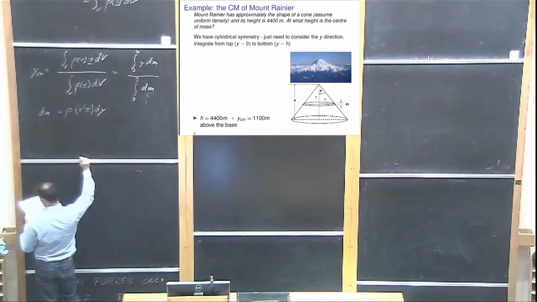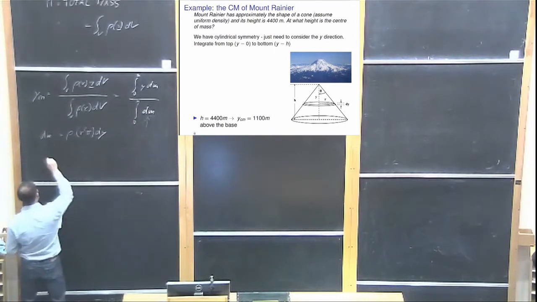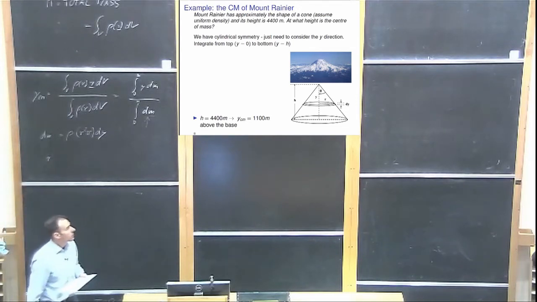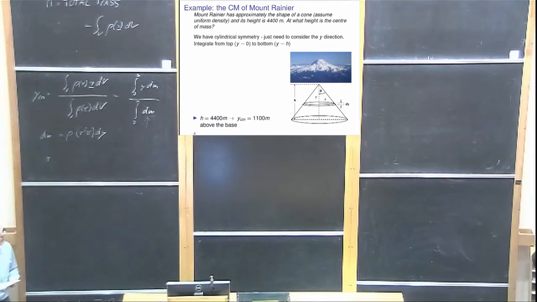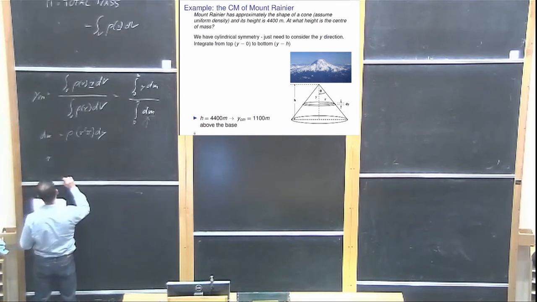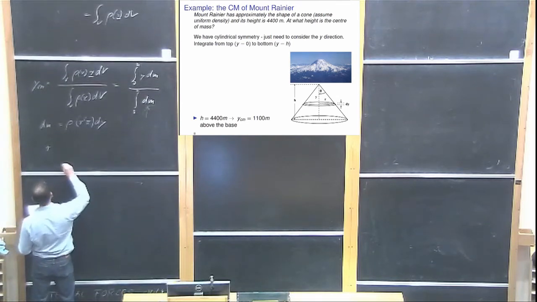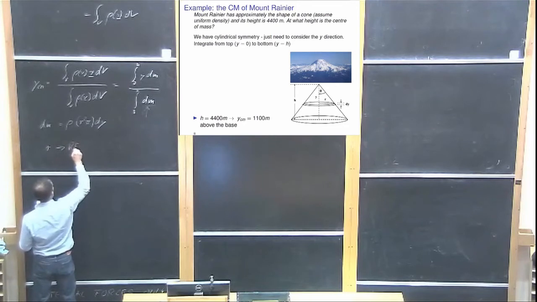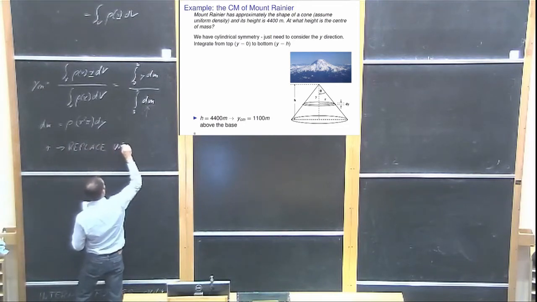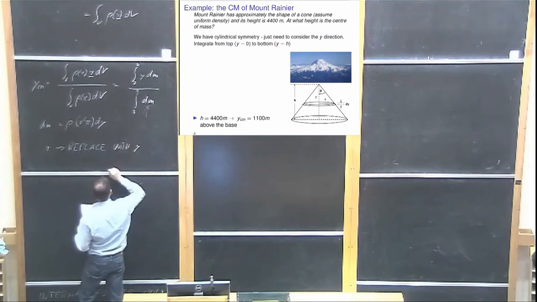Now, r is a more complicated variable here, which we need to reformulate somehow. So it's not a nice variable, but we can replace it with y. So the goal is to replace that with y, because that's our direction in which we integrate.